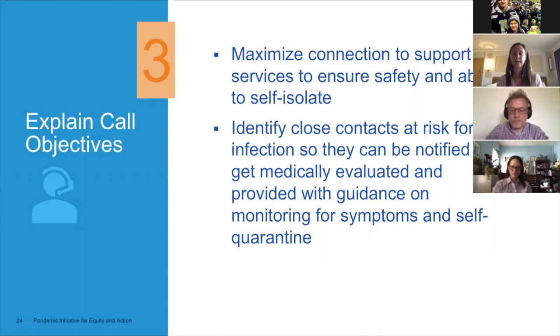And then secondly, we want to identify those close contacts so that we can notify them as quickly as possible to break that chain of transmission, to get those contacts tested and beginning quarantine and monitoring for symptoms. So it's really those two key points that you want to emphasize when explaining what you're going to be doing in the call.